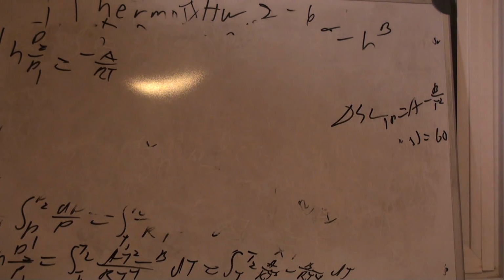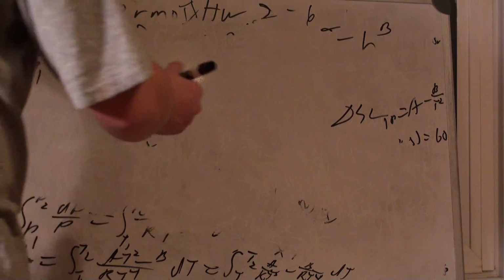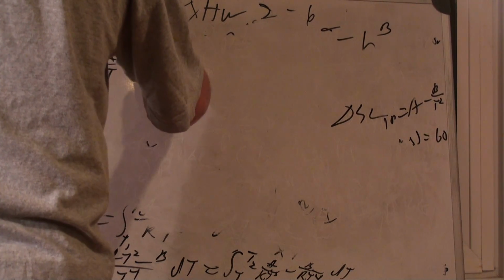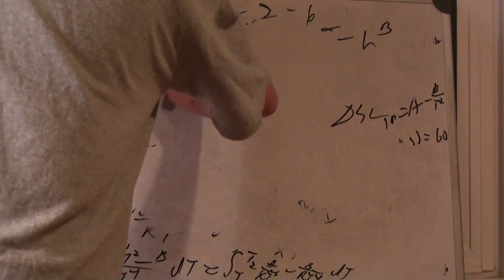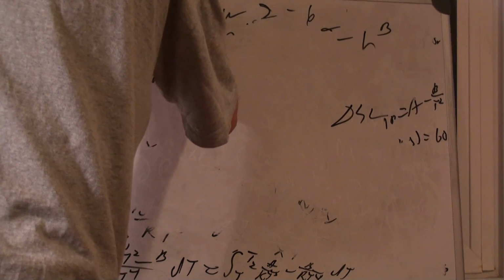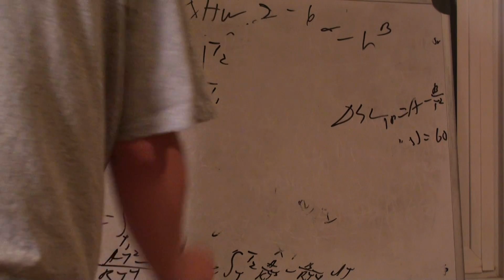And then plus, because of that minus, A over RT3, I need a 3 there because of the other 3. So A over 3 RT cubed, okay, from T1 to T2, okay.